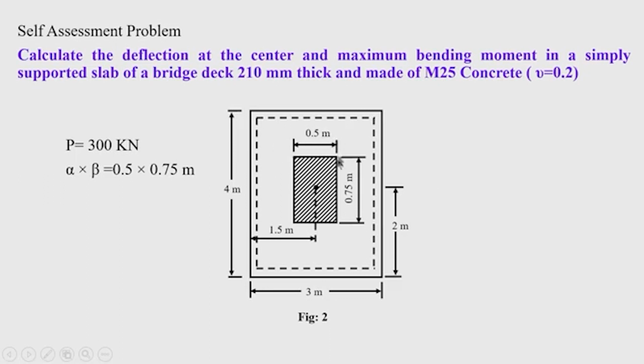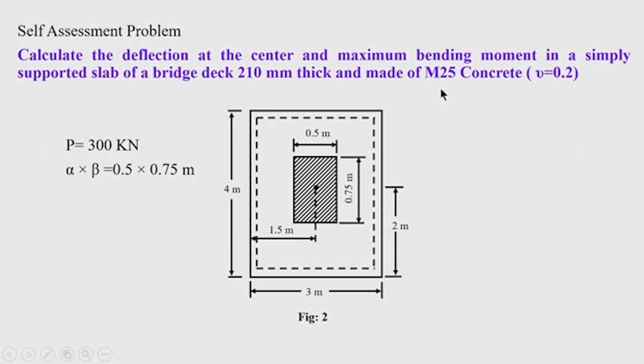So, here I am taking an arbitrary contact area, say 0.5 meter by 0.75 meter, just to illustrate the process, and the total load I have taken as P equal to 300 kilonewton. For example, this is a panel of the bridge deck, 4 meter by 3 meters, simply supported along all edges, and a concrete slab.